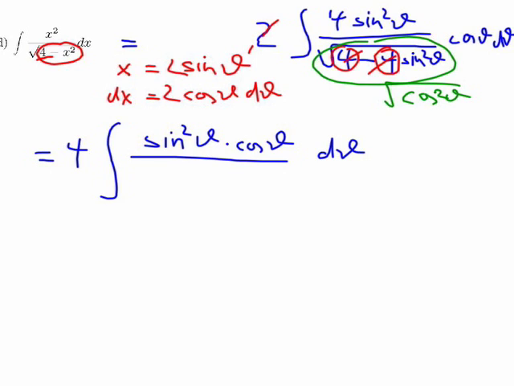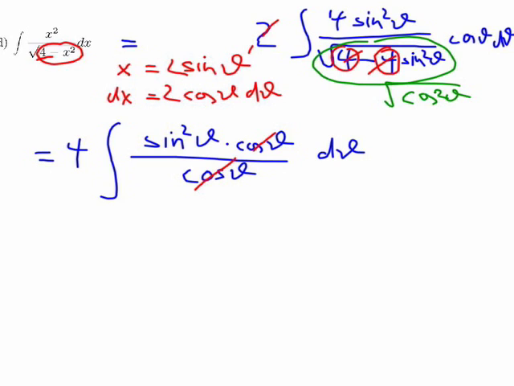If we assume we are in the right domain, the square root of the cosine square is just the cosine, so this is the denominator divided by the cosine. Well, what we see immediately is that we have cosine in the numerator and denominator which can cancel, so we have nothing else but an integral over the sine square.